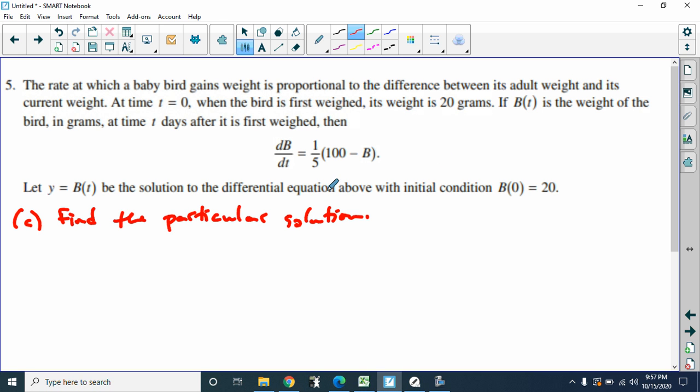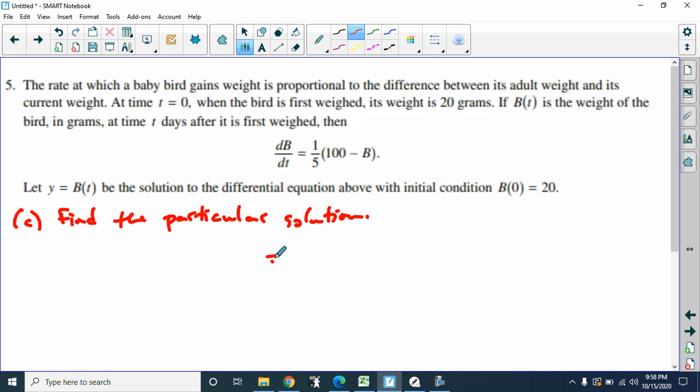And one like this you need to be careful about because a lot of times people treat this B as though it's an x value. Notice B's in the numerator here, dB/dt. T is my x value, our independent variable, where y usually goes is B. So we're going to treat this as though it's a y. And if the derivative's in terms of a y, that's when you have to separate the variables.